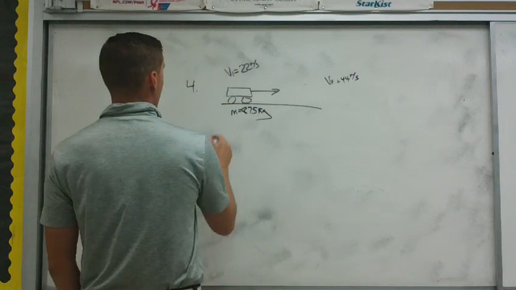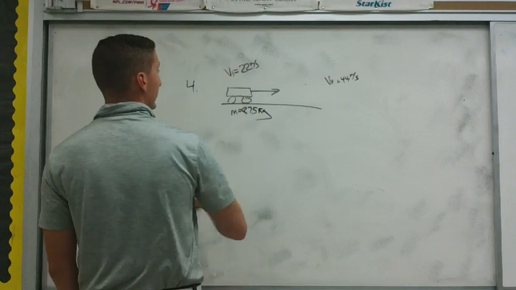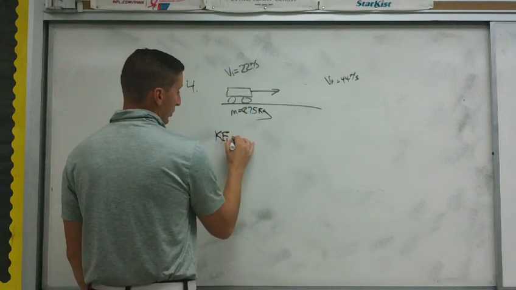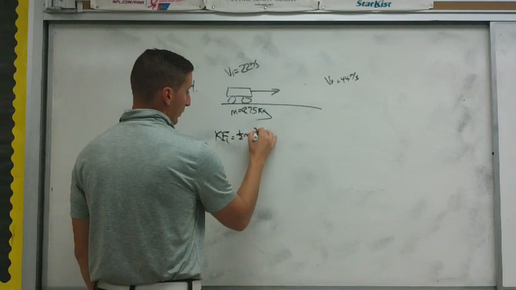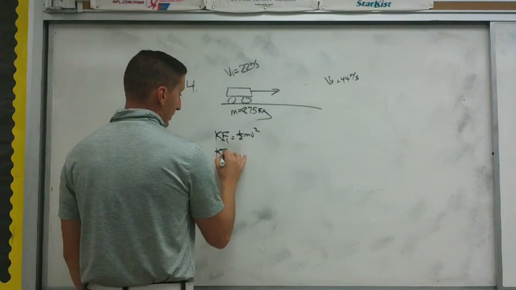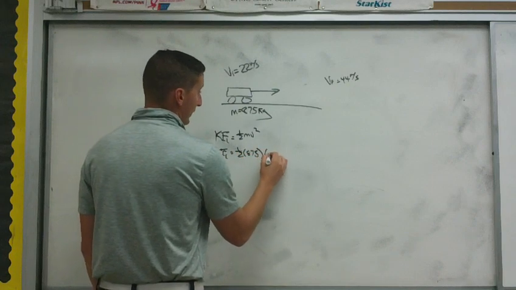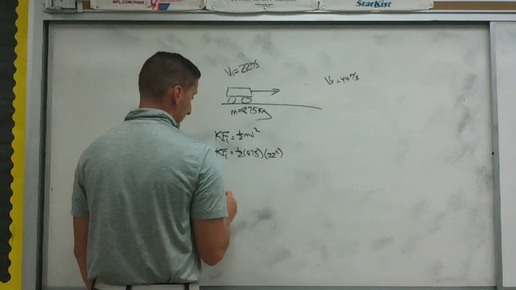I want to find the initial energy and final energy. So it's going to be KE initial equals 1/2 mv squared. So KE initial equals 1/2 times m, which is 875, times v, which is 22, squared.